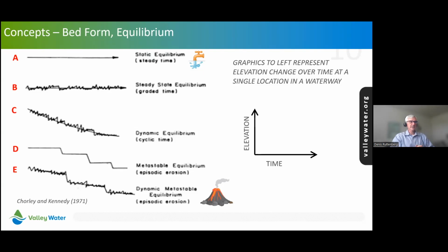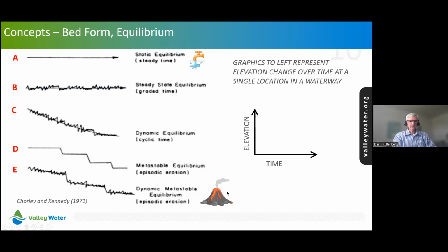Dynamic metastatic equilibrium is sort of a combination of C and D, where you may have something like a dam break or a severe subsidence event from seismic activity, but that may only occur every 20 years. So in between, for about 20 years, you get minor oscillations, and then you have an episodic event.